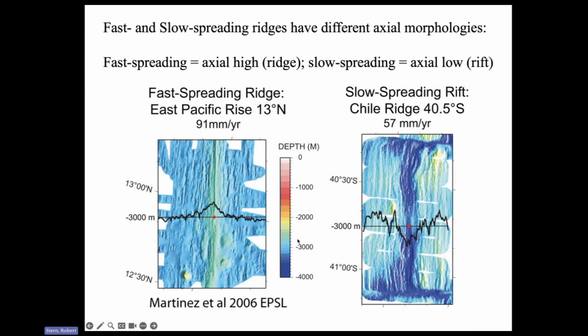Whereas in the East Pacific Rise, it's not anything like that. You've got this axial ridge, right? So it's a completely different physiography or bathymetry. And that's one of the key things that will probably show up in the midterm. When I say probably, I mean it will.